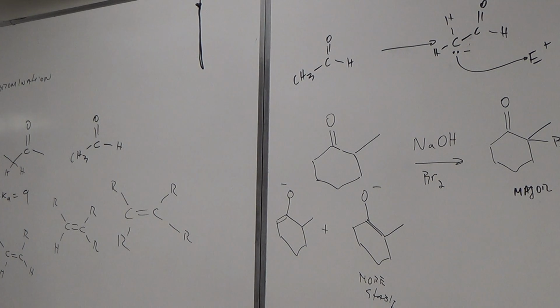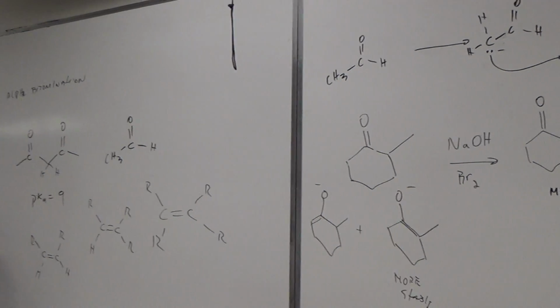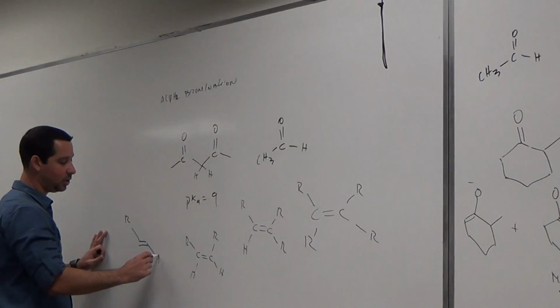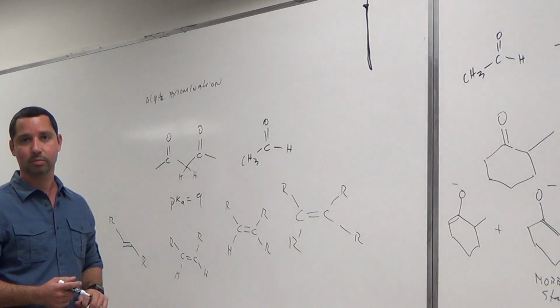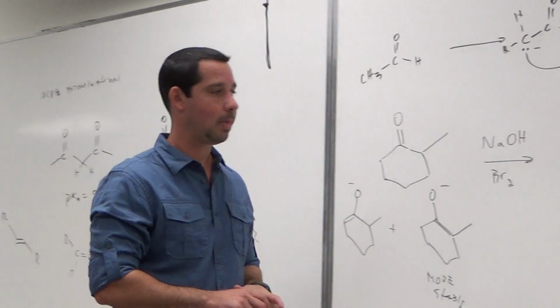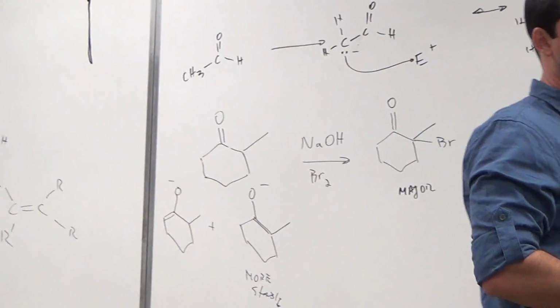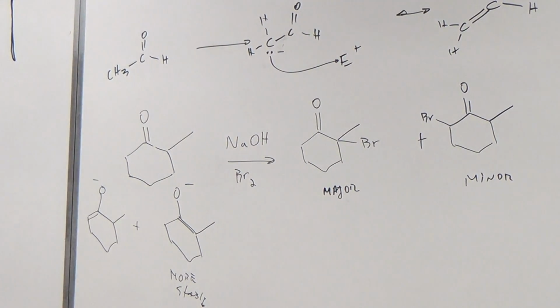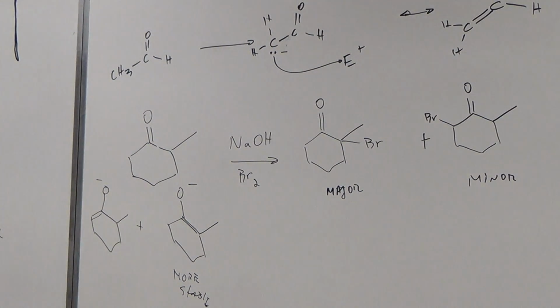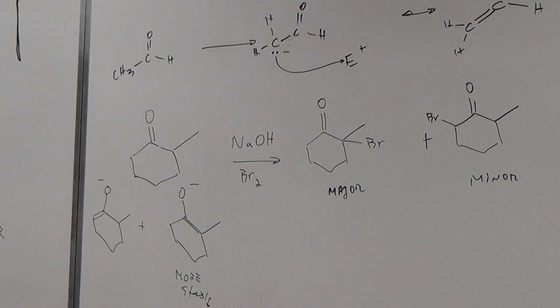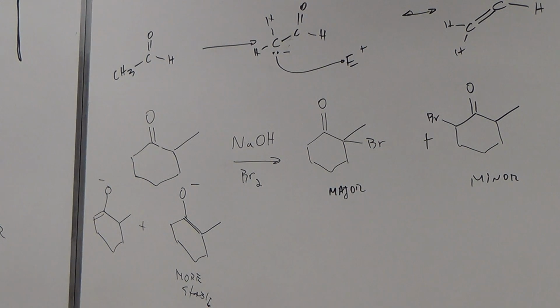And this is cis-di-substituted, and you can have trans-di-substituted. Trans is more stable than cis, yes? So, if you are going to have a double bond here, you might form double bonds that are either cis or trans. And the trans is most of the time more stable.